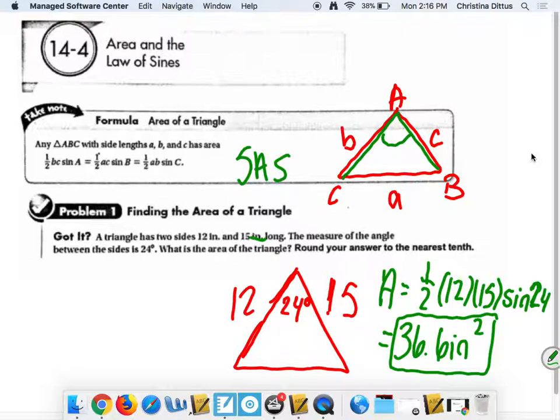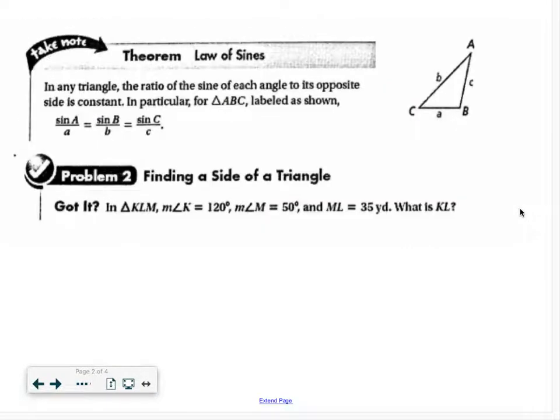Questions, or is that the only example of that type? The next thing we've got going on is our law of sines. Same triangle where we have angles A, B, C and the sides across from them are lowercase.